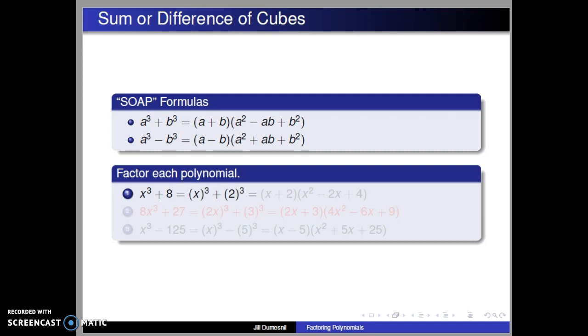In one factor, we have the first base x plus the same sign, the second base 2. Then we get a trinomial factor of the form, the first base squared, opposite sign, the product of the two bases, always positive, the second base squared.